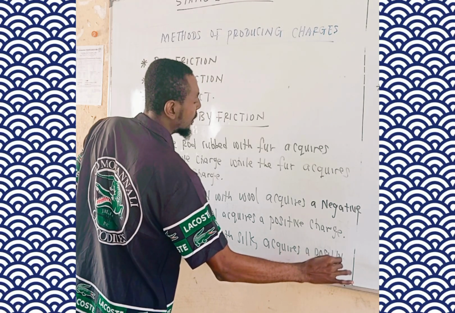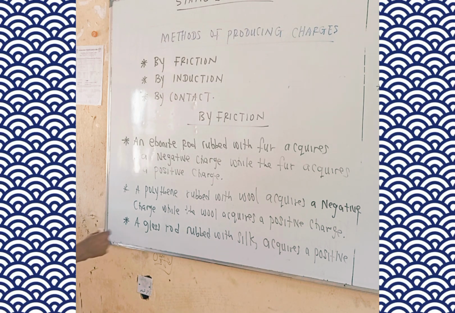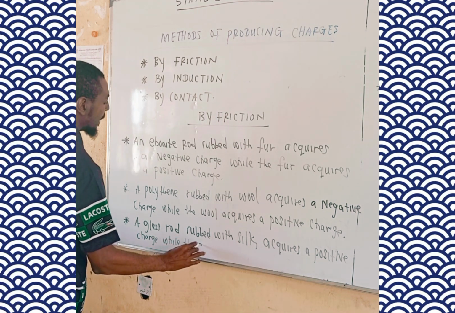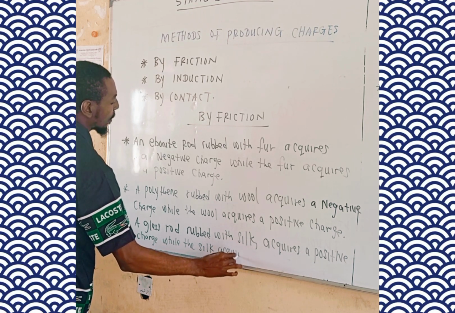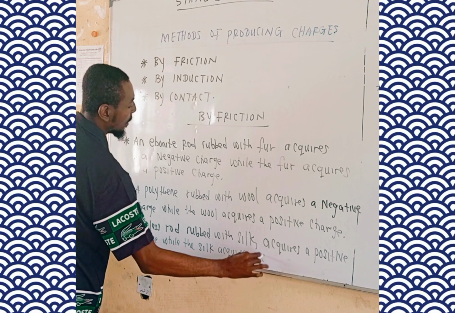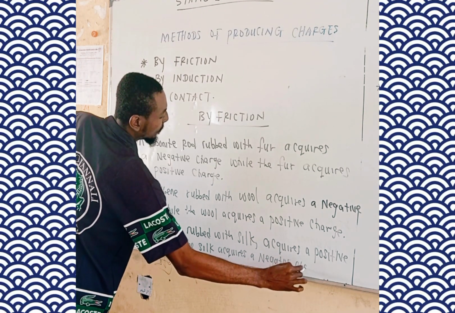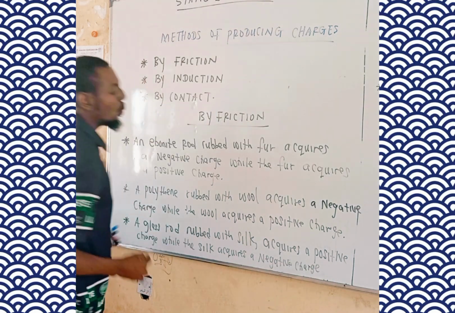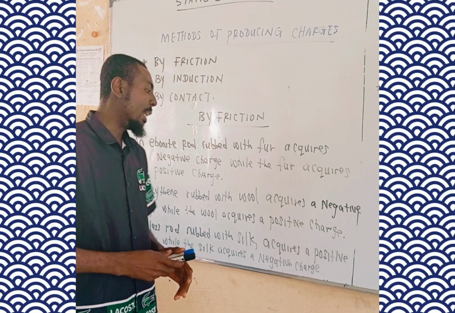In this case, the order has changed. The glass rod acquires a positive charge, while the silk acquires a negative charge.